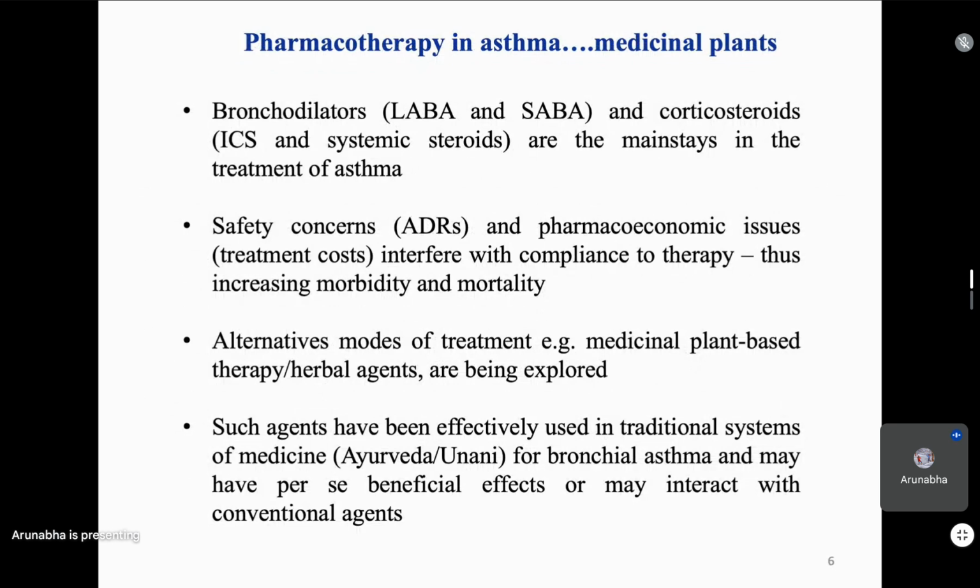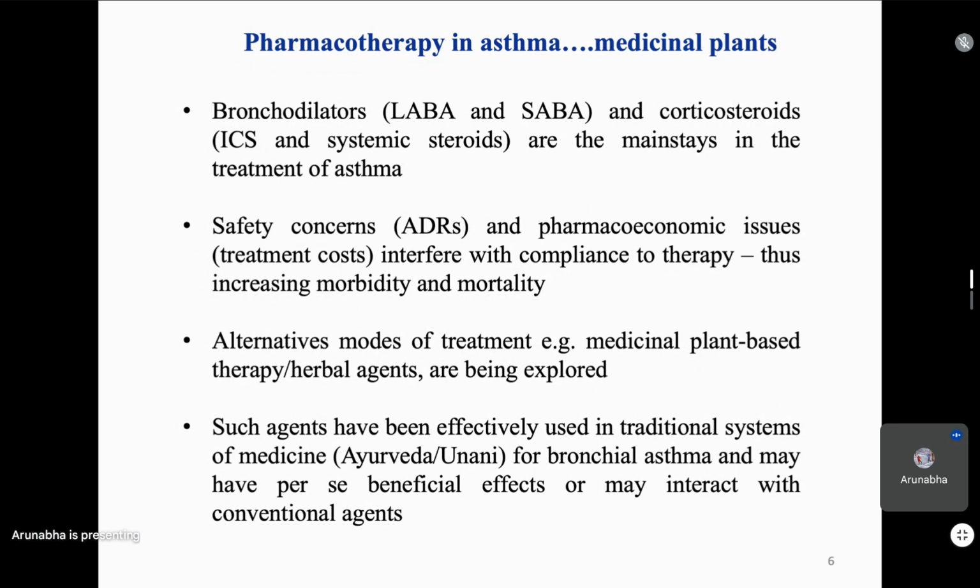Asthma treatment is basically based on corticosteroids and bronchodilators, and they have to be used for longer periods of time, as a result of which adverse drug reactions, as well as treatment costs, are a major reason why compliance to therapy is affected. And thus, therapy is interfered with or stopped, and so the disease comes back. You get all kinds of complicated bronchial asthma, which increases morbidity and mortality.